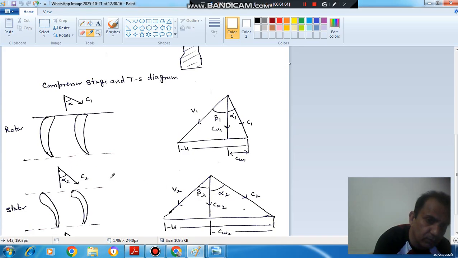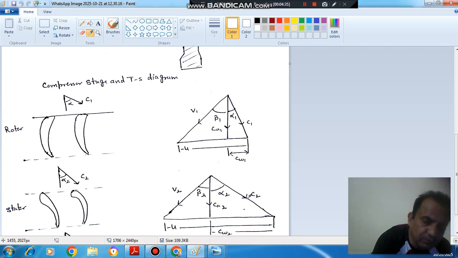So we know this blade angle, and assuming that Ca1 remains the same as Ca2, or the axial component of velocity remains the same throughout the compressor, Ca1 is equal to Ca2. Okay. So if we know this Ca2 and this beta 2, we can draw this V2, and U is the same, so then we can draw this U. After getting this point, we can draw this C2, and then we can find out angle alpha 2.